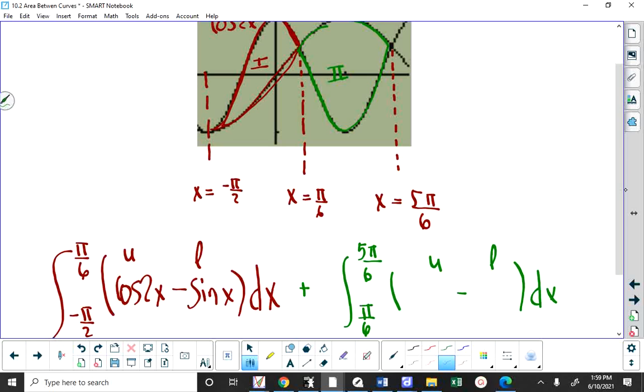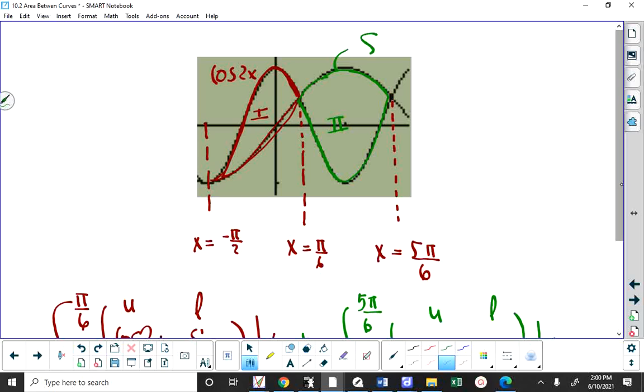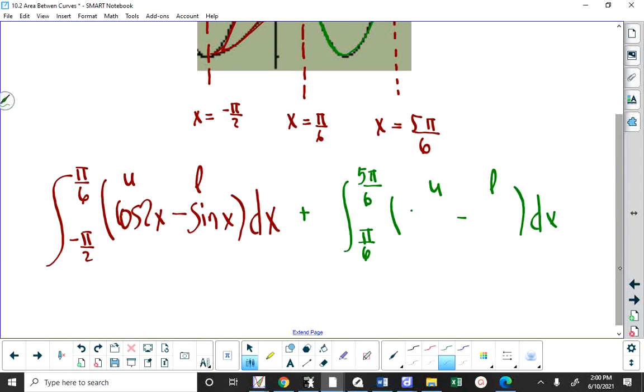Well, what is upper now is sine of x. Sine of x is what's on top now. So it is going to be sine of x minus cosine of 2x.